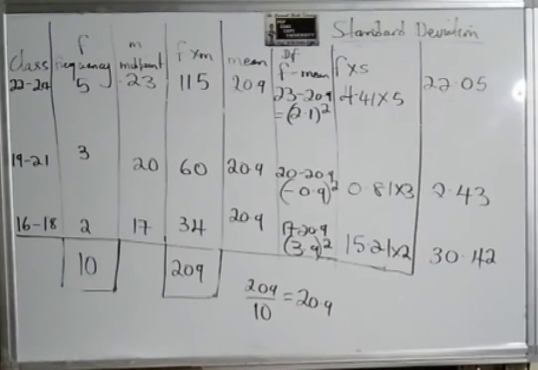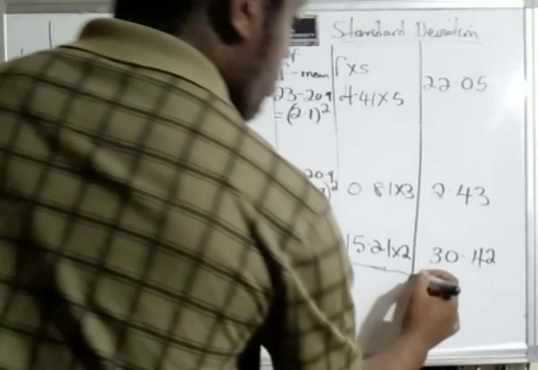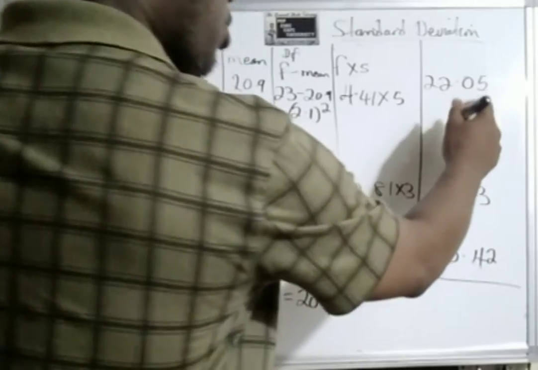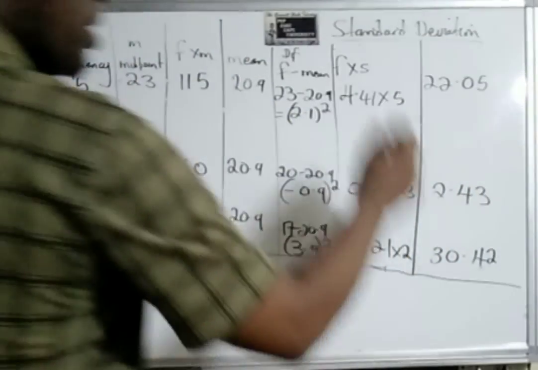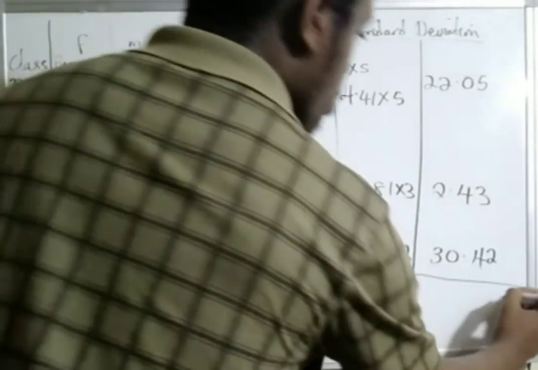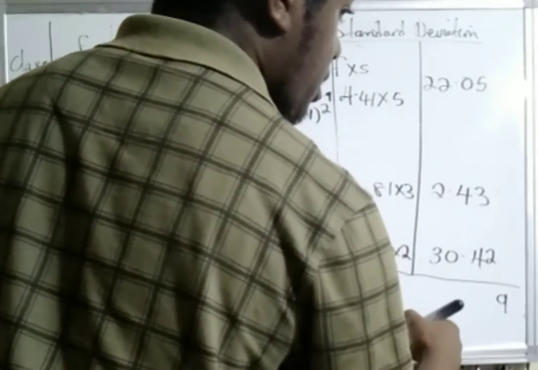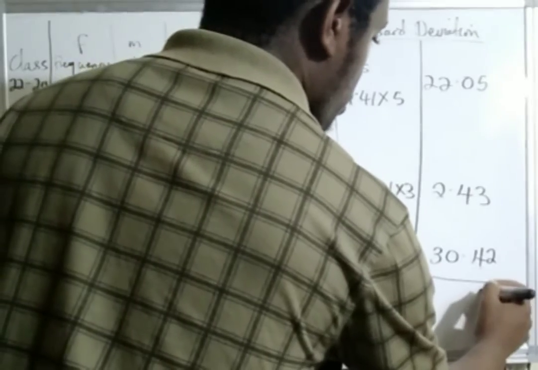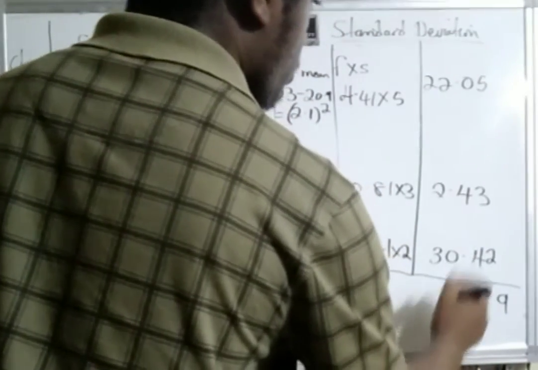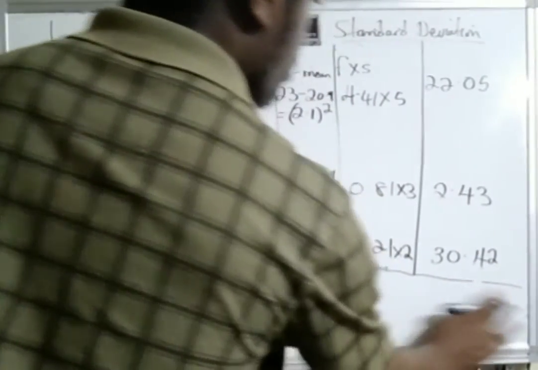Now what we're actually finding is the variance. So in order to find the variance, we're going to sum these and find the total. I did something wrong.